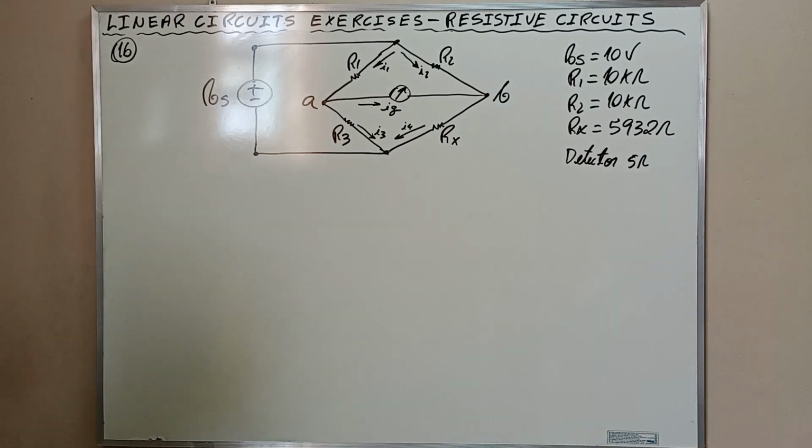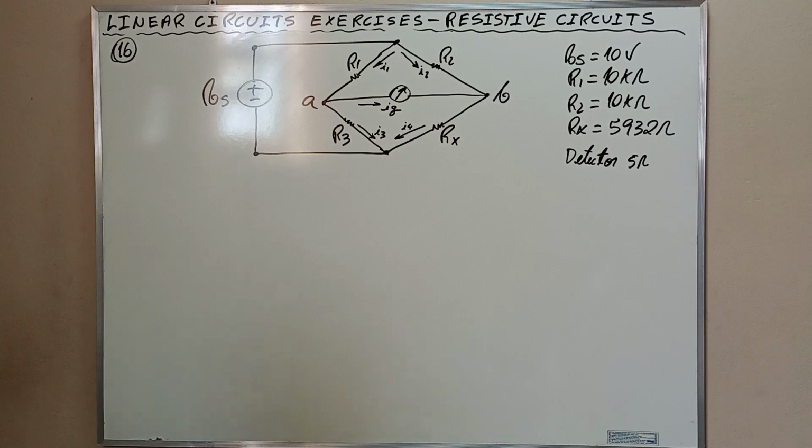The exercise says, for the Wheatstone bridge of the figure with Vs equal to 10 volts, R1 equal to 10 kilo ohms, R2 equal to 10 kilo ohms, and Rx equal to 5,932 ohms.